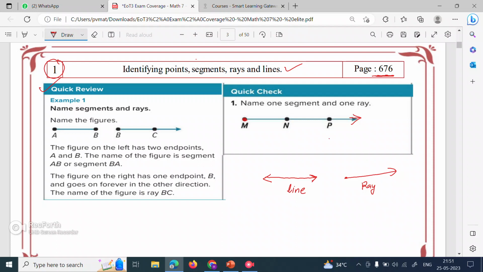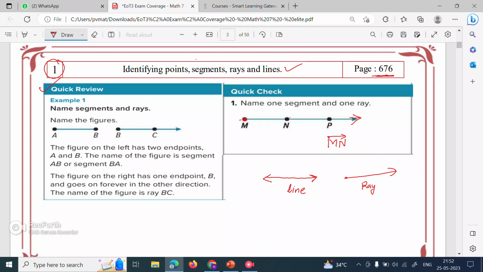So, how do we write a ray? We take two points on the ray. I can take M, N, or M, P. I can take M, N, and show the arrow on point N. Why am I not showing the arrow on M?